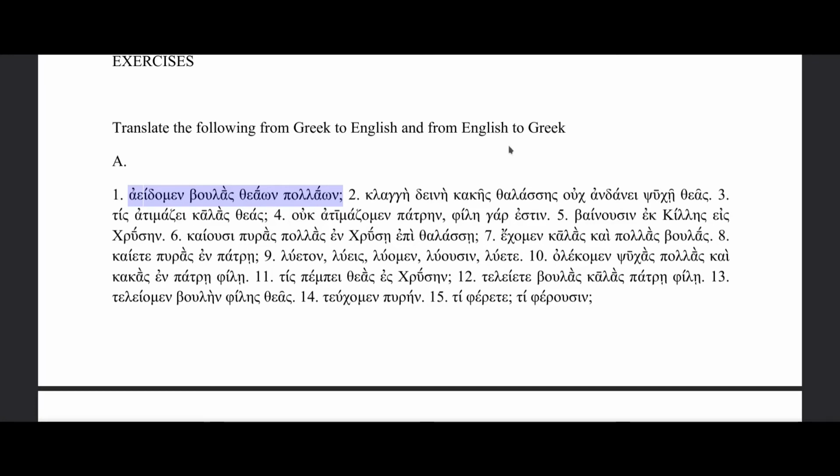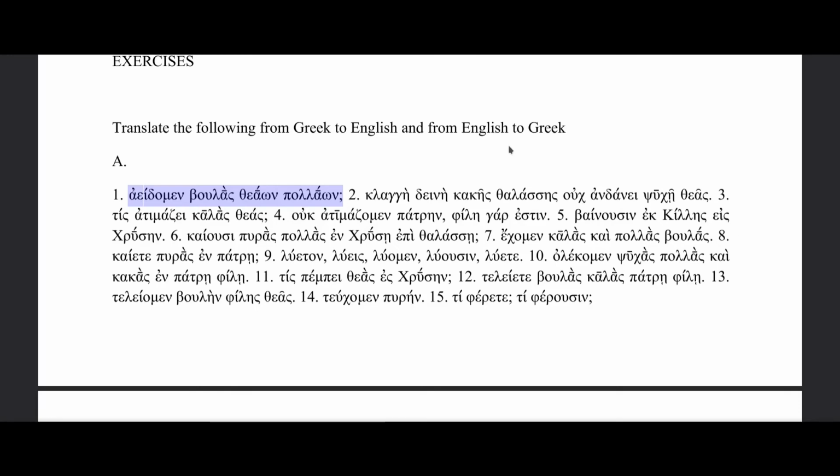Now, what does this sentence mean, word by word? Let us begin with the first word. First word is first person of plural. So, considering that it is a question, are we singing? Are we chanting? Aido means to chant, to hymn, to sing, to praise.